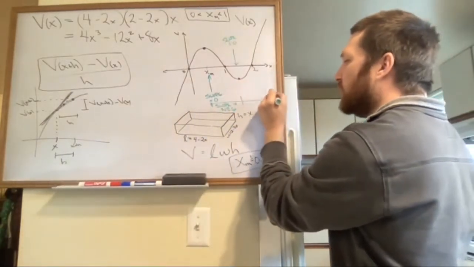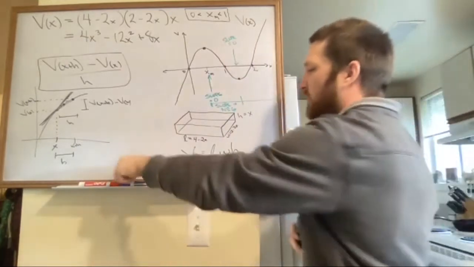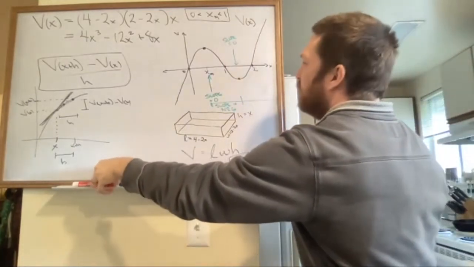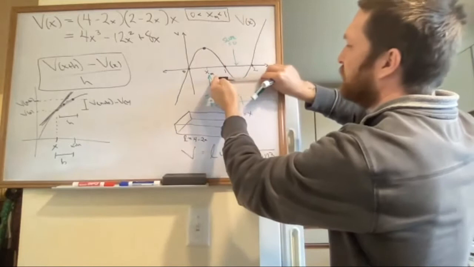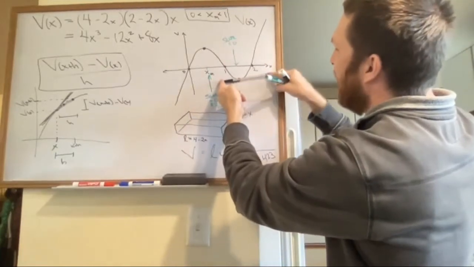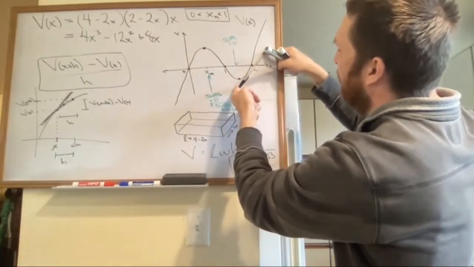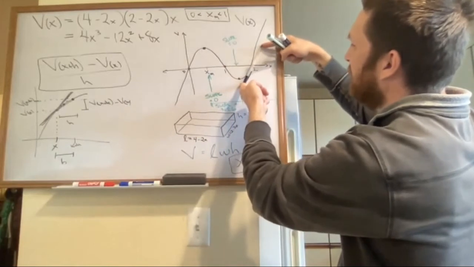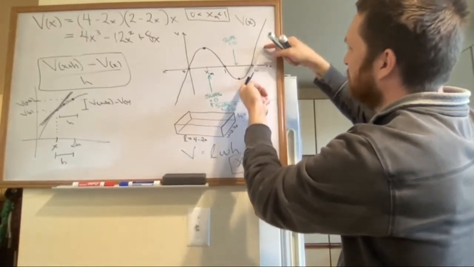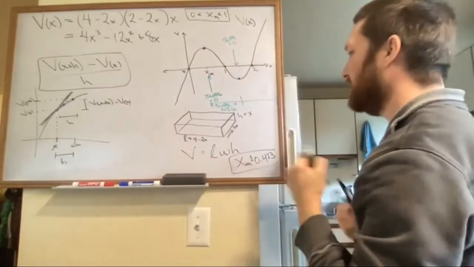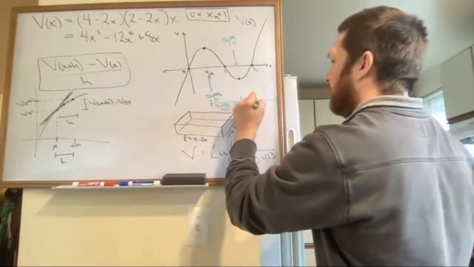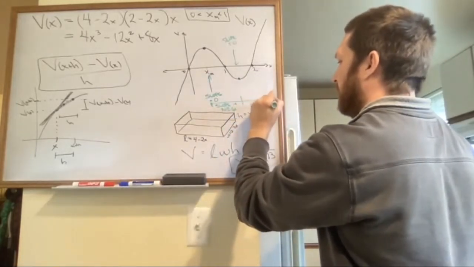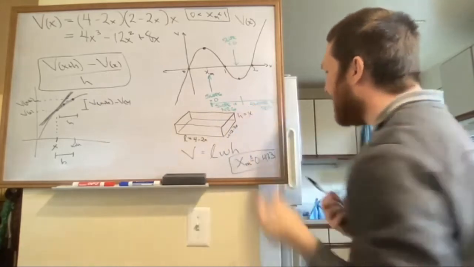Is the slope positive or negative or 0? Once we move past this, let's look at the pen. When we move out, then it starts to come up. Is that positive or negative? Positive. The slope is positive.